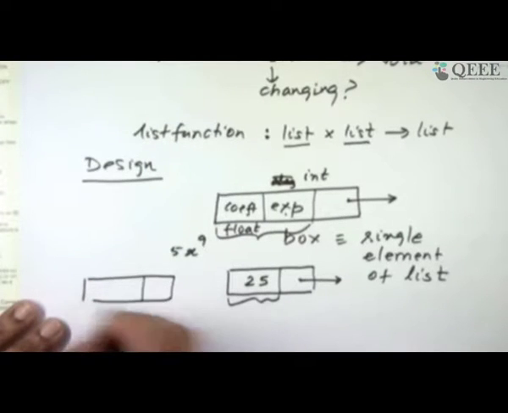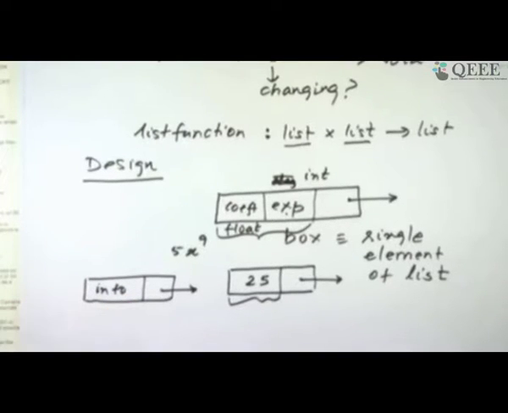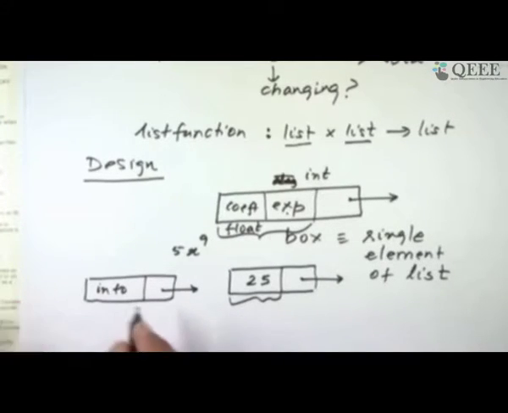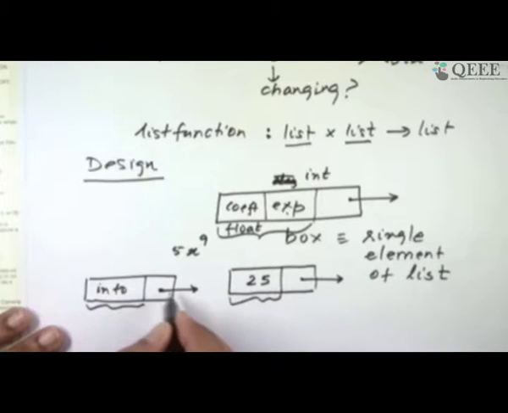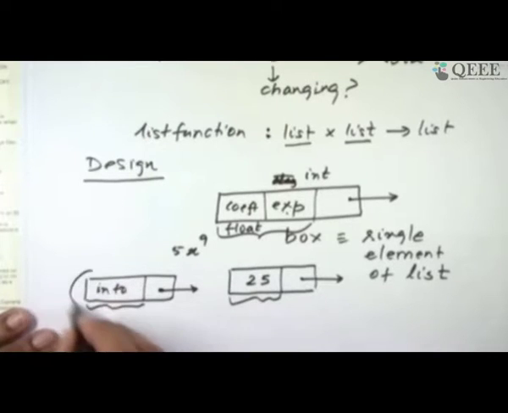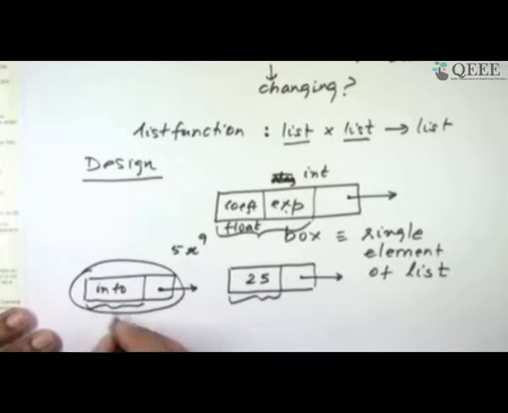So there will be something called, I think I've called it info, and there will be a pointer. And this info I want to be 1, 2, 3, as many elements that you want. So you will see, remember this, I'm going to show you what I have done to abstract out one or more values in the value part. This being a single linked list, this pointer will be to a box of the same kind. So this box also needs a name. So I need a name info to handle data.